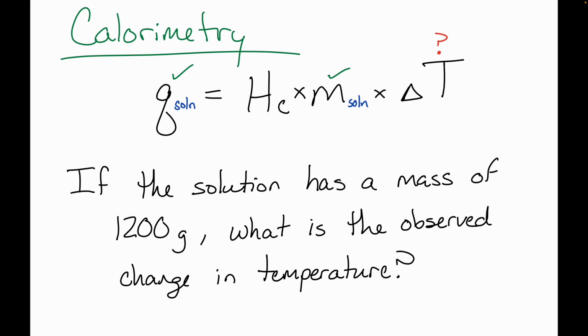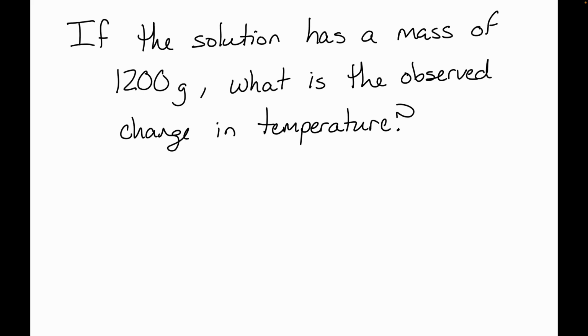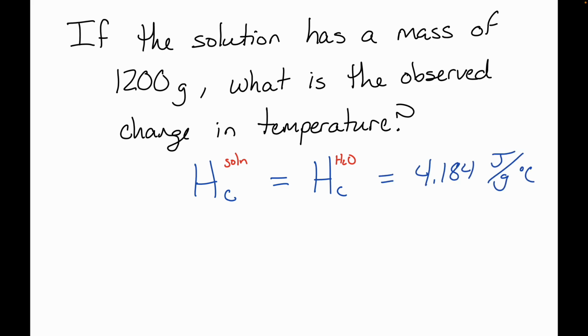What about the heat capacity of this solution? We don't really know for this particular solution, but we can well approximate it based on the fact that this is an aqueous solution. And an aqueous solution is made mostly of water. So the heat capacity of our solution is going to be equal to the heat capacity of water at 4.184 joules per gram degrees Celsius.